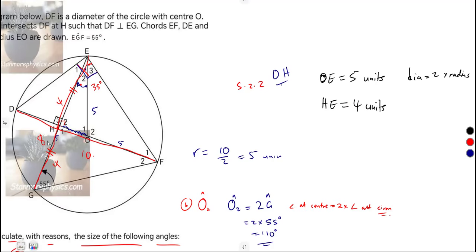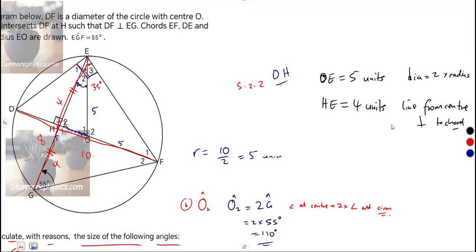The reason being the line from the center perpendicular to a chord. When it is perpendicular to a chord like this, it's going to be bisected at 90 degrees. So that is the concept: line from center, I'm just going to write in short, perpendicular to chord.